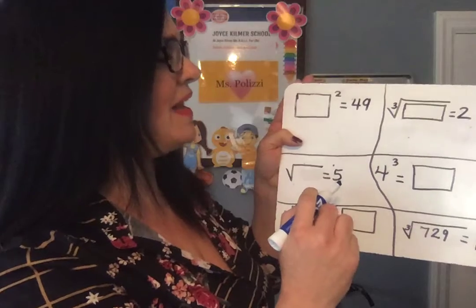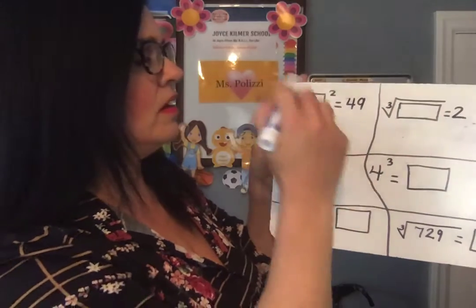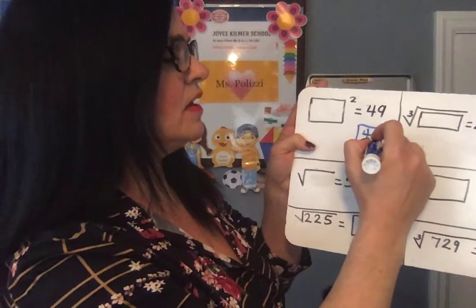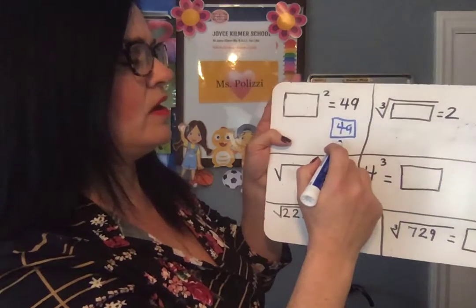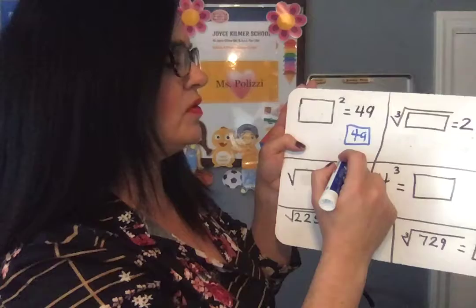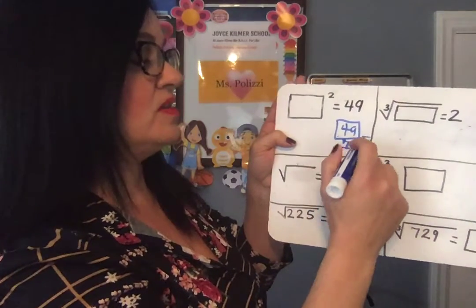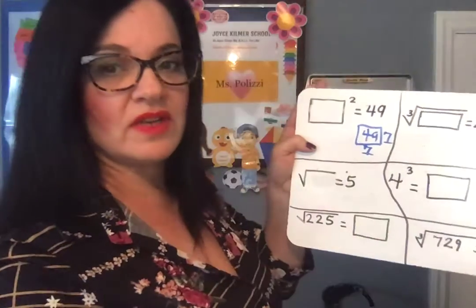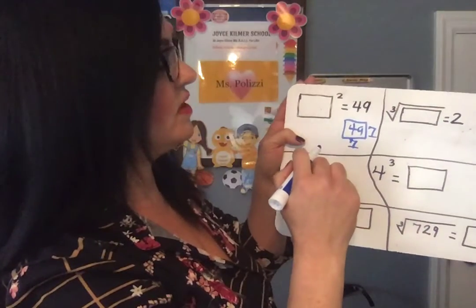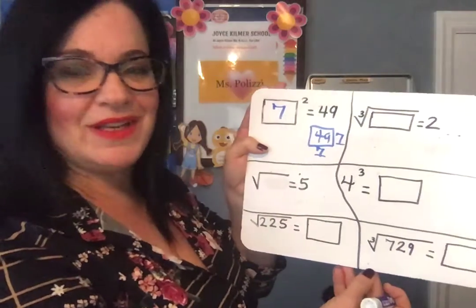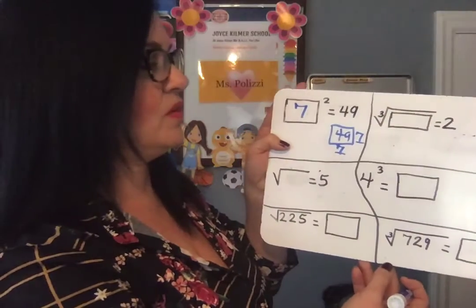Well, if you had a square of 49, and you have to figure out a number that's the same number that you can multiply that will give you 49, that would be this side is 7, this side is 7. So 7 times 7 is 49. So 7 squared equals 49, okay?